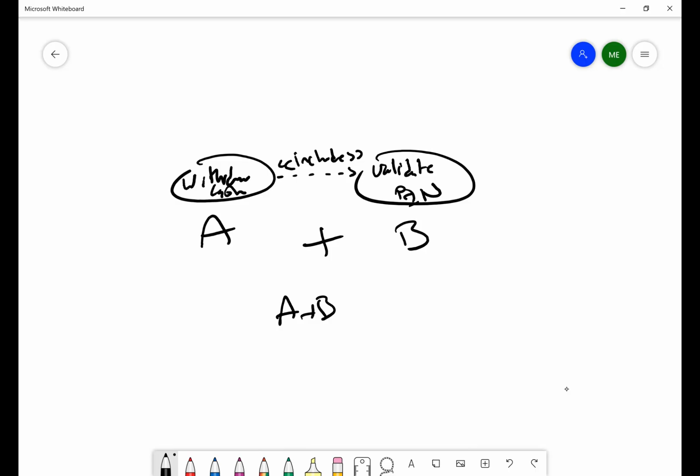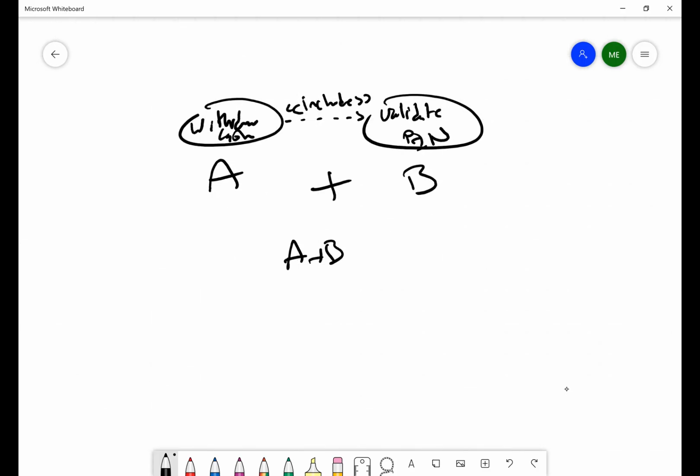Doesn't make sense. It's something completely different than cash withdrawal. I cannot say that validation of the pin is one implementation of how I can withdraw cash. No, it's not. It's facilitating the withdrawal of cash, but it's not a way to withdraw the cash.